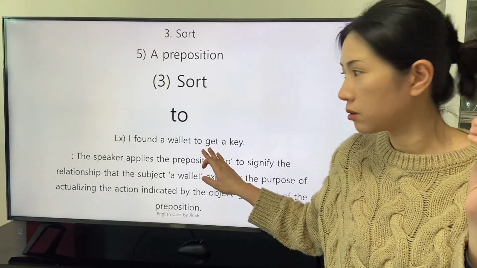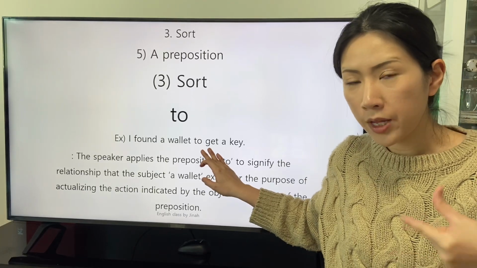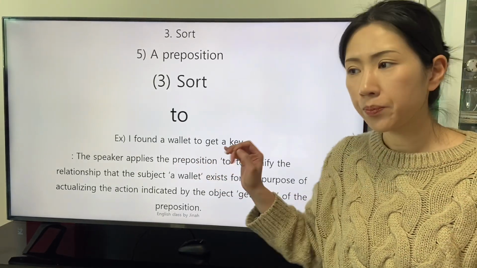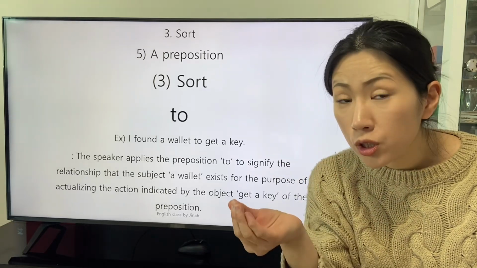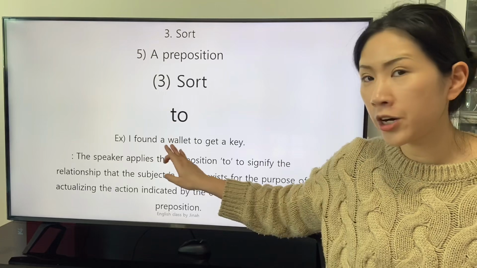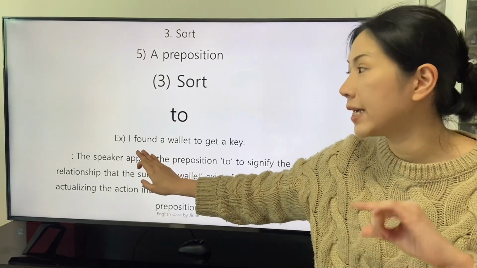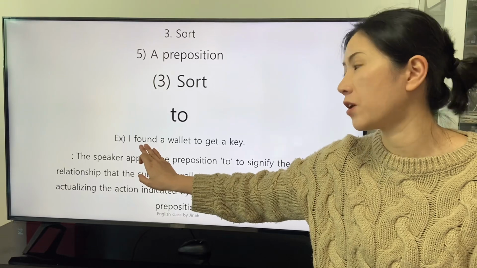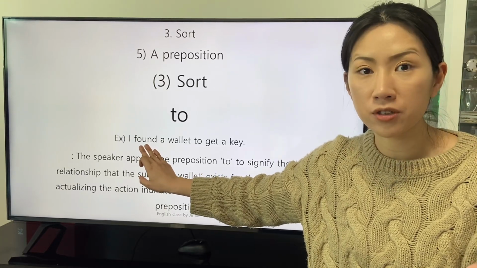The action indicated by the object of the preposition, get a key, is assumed to actualize later than the point in time in the past, revealed by the tense of the transitive verb found.